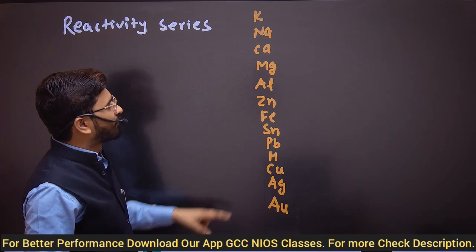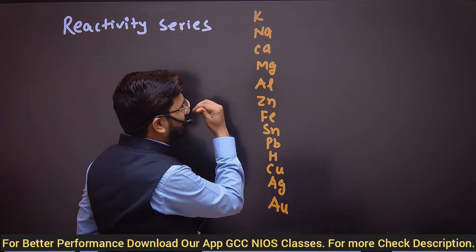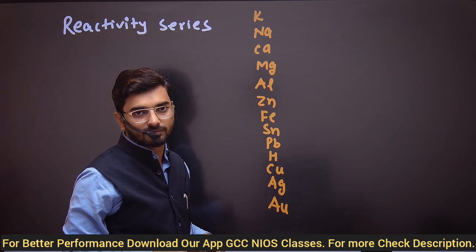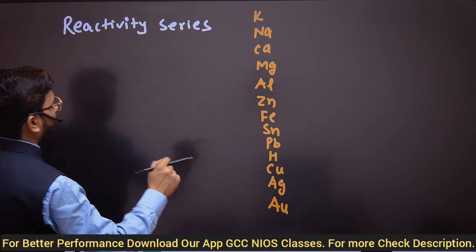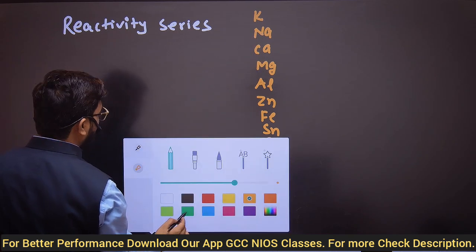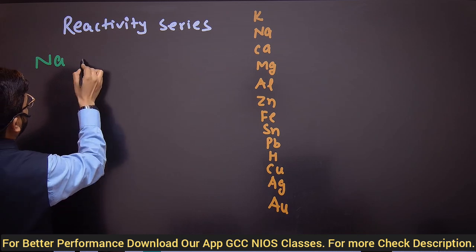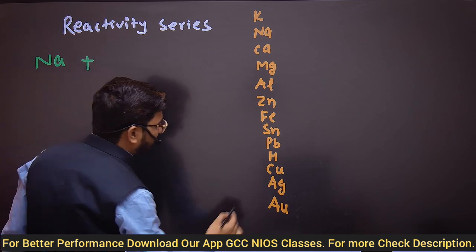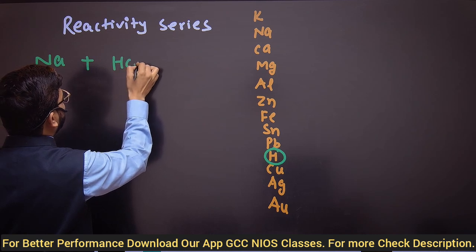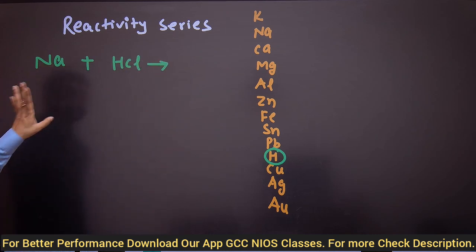In this reactivity series, the upper element can displace the negative ions of its lower elements. Let's see. This is sodium, written Na plus, and this is hydrogen, written HCl. Now write the product of this reaction.